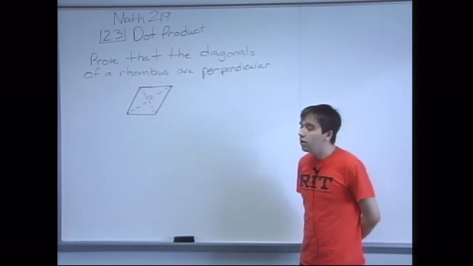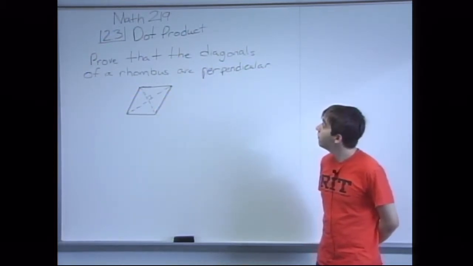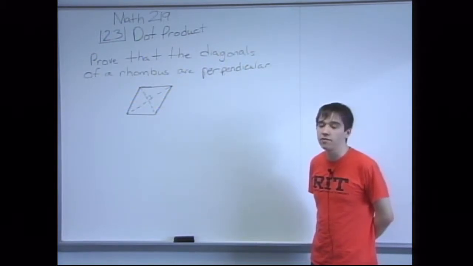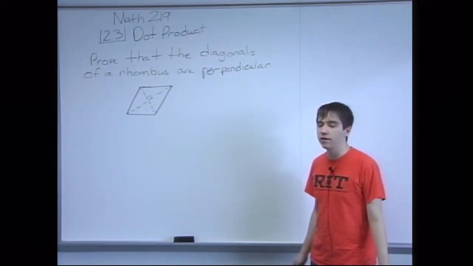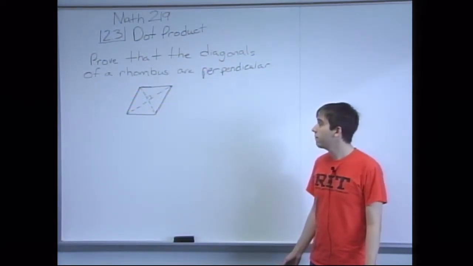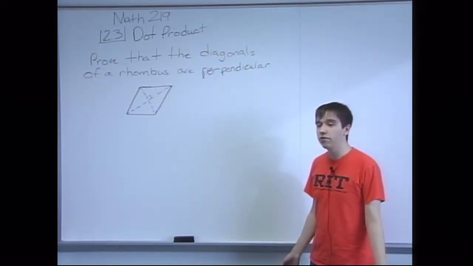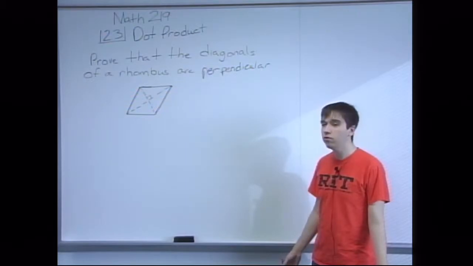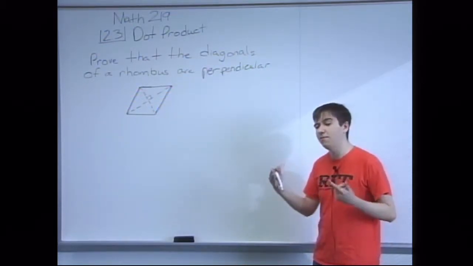So we are going to prove that the diagonals of a rhombus are perpendicular using the concepts that we have learned about the dot product. In case you're not familiar with what a rhombus is, it's a four-sided shape. All of its side lengths are equal and the opposite angles are equal. So it's sort of like a square but tilted, basically.